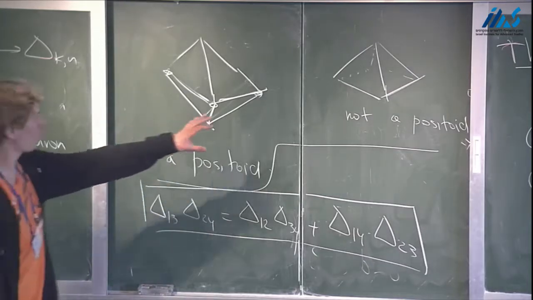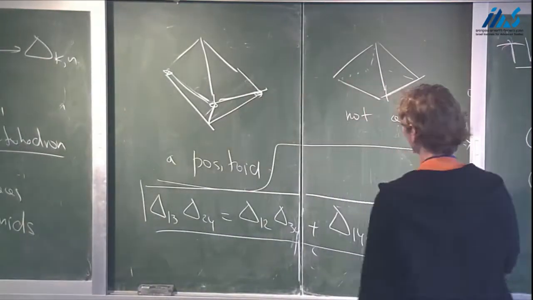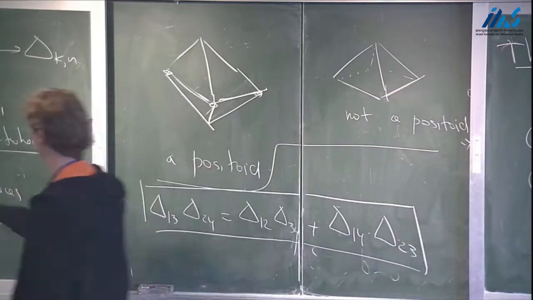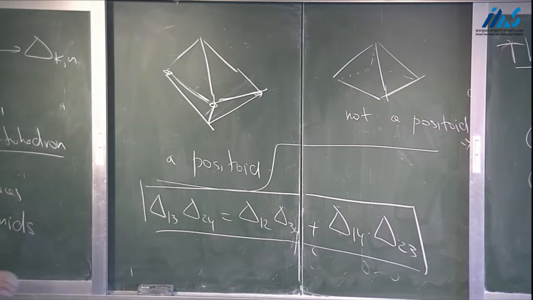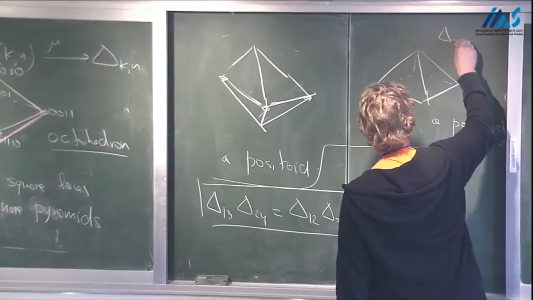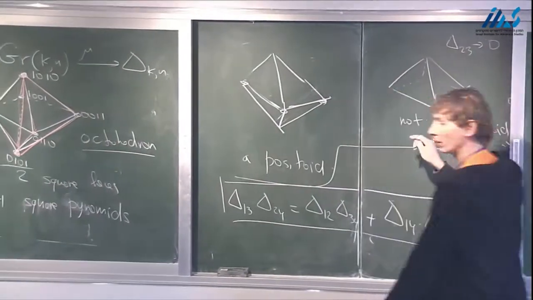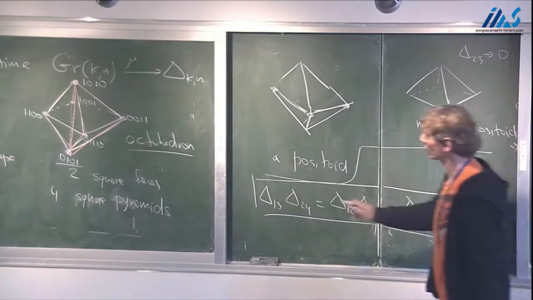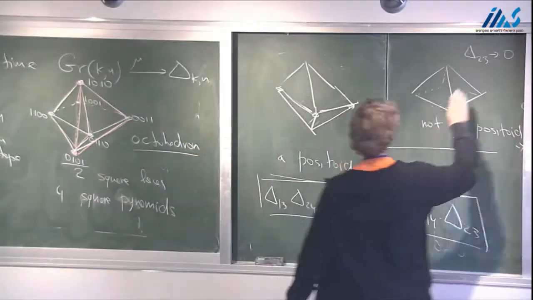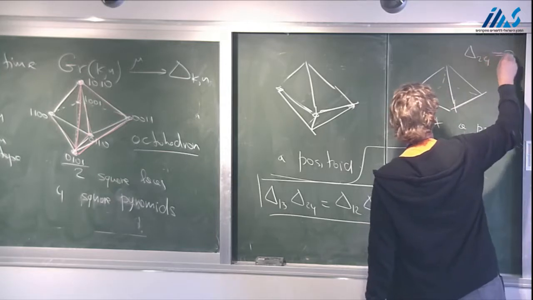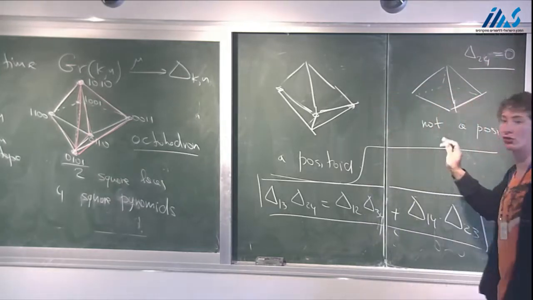Now, what we did here, we removed just one vertex. The vertex that we removed here, we just set delta 2,4 to 0, but everything else is strictly positive.